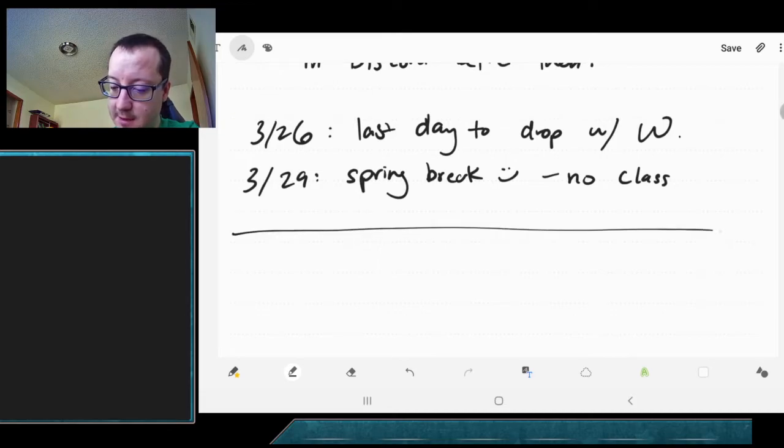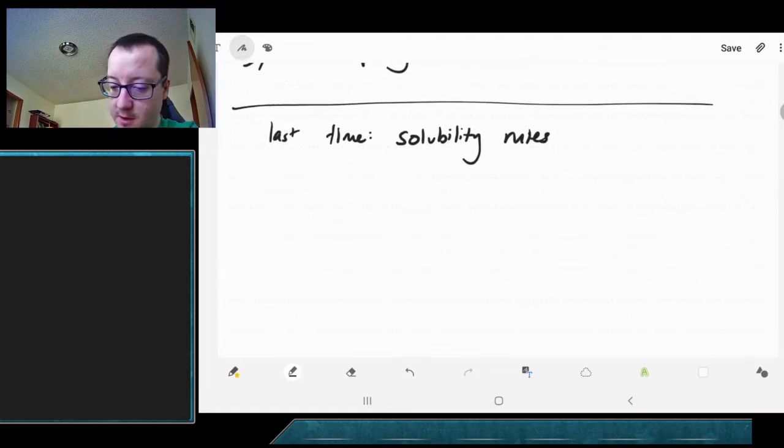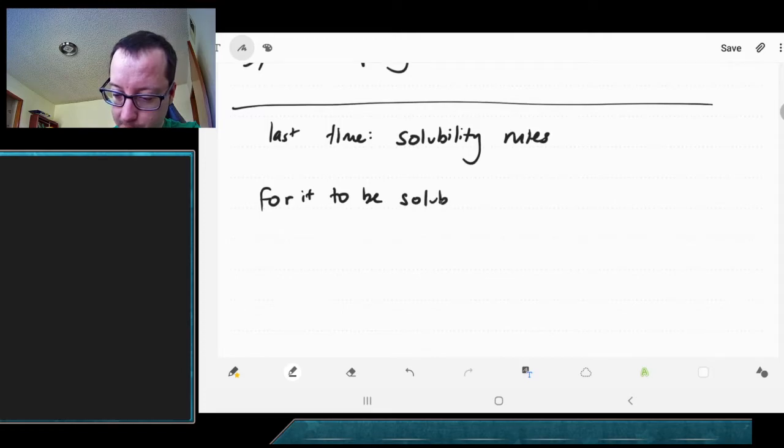So, last time we did some solubility rule stuff. We talked about that for something to be soluble, it needs to do one of three things for our class.